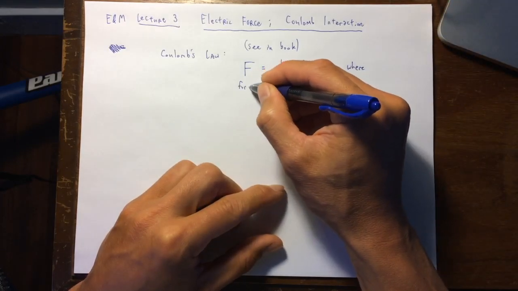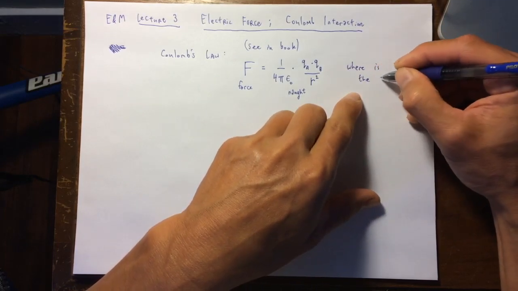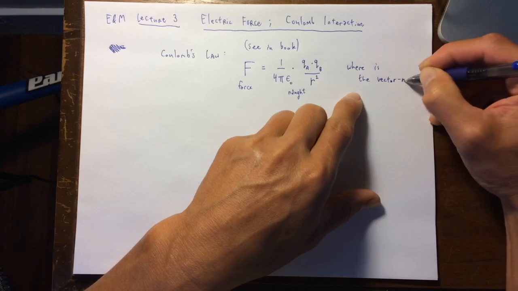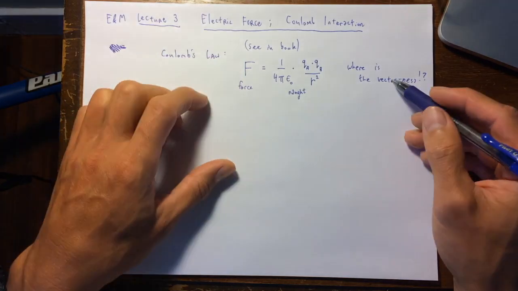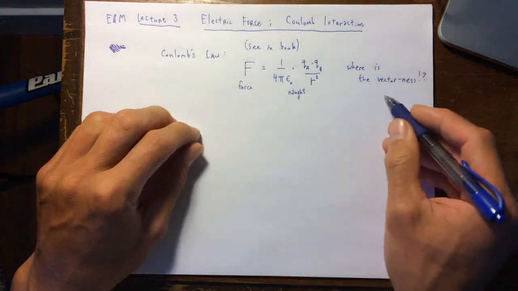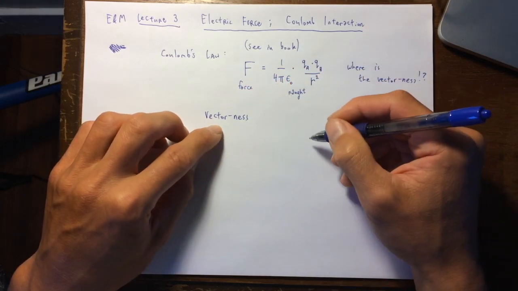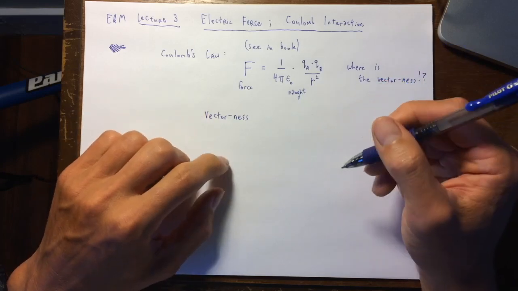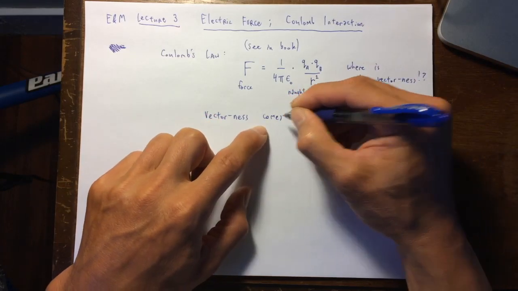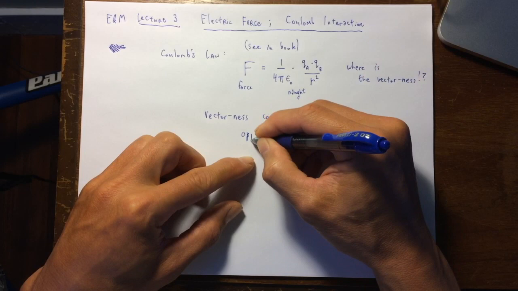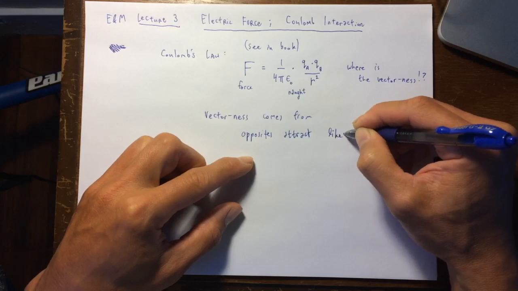So this represents an electric force, and where is the vectorness? The idea is force is a vector, so we really want to be able to get a vector. The vectorness is actually really easy to write down in a physical way, but it doesn't give you an automatic mathematics to calculate it. The vectorness comes from opposites attract and likes repel.